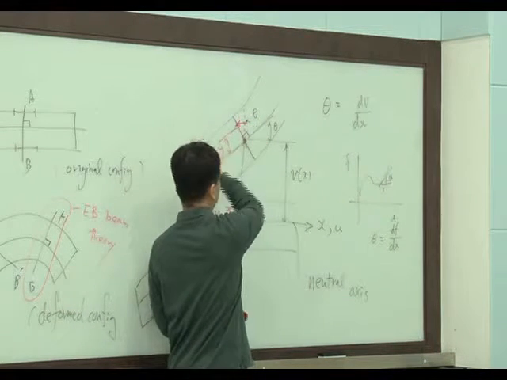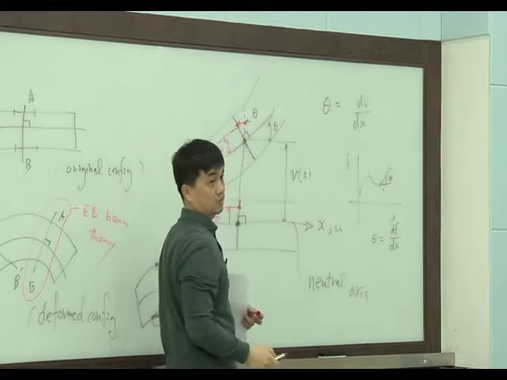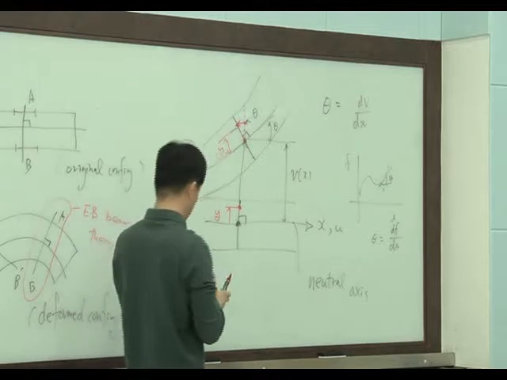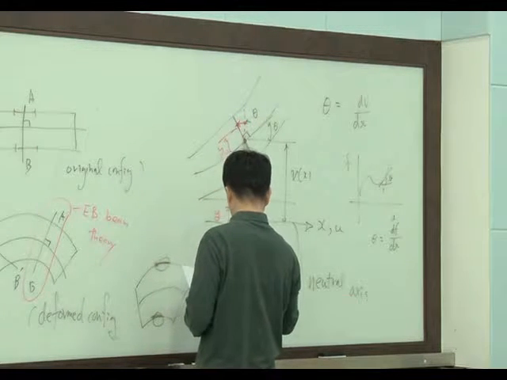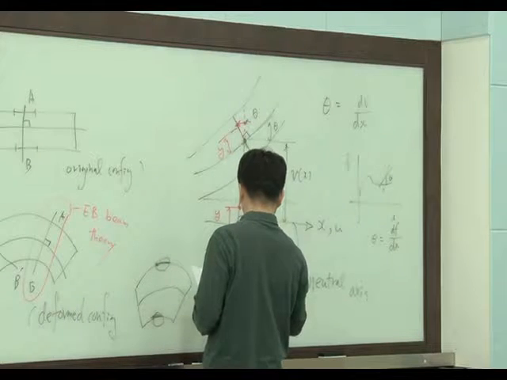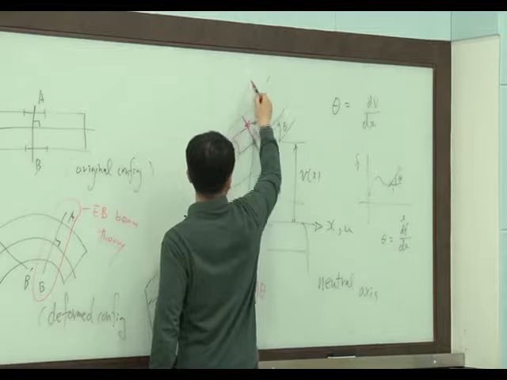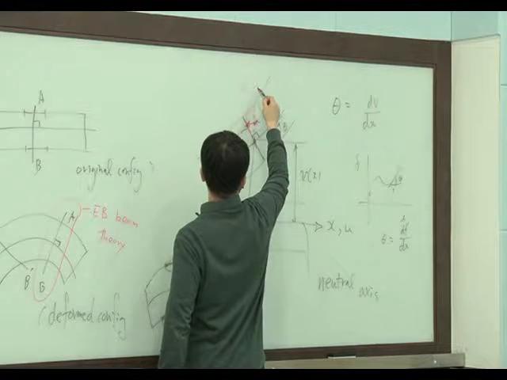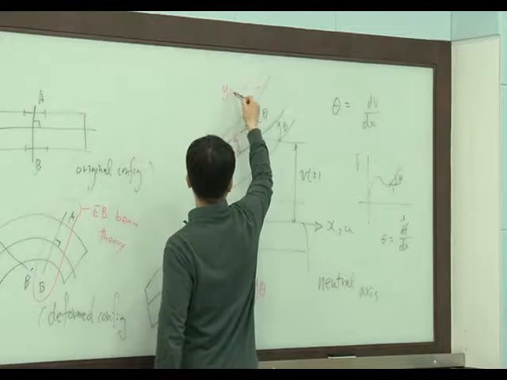Go to the minus x direction, from this point to the left. So here, u equals minus y theta. So the amount of this is y theta.